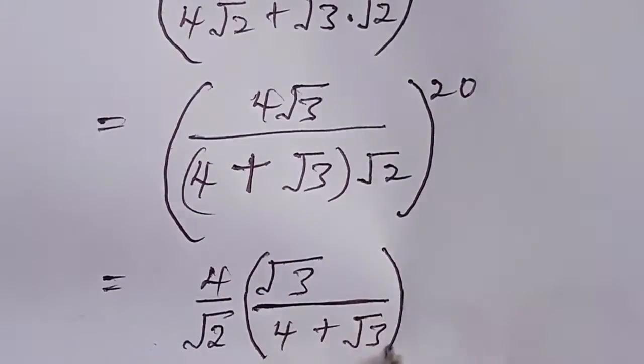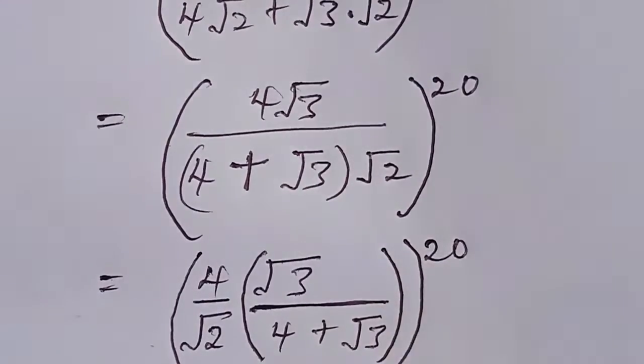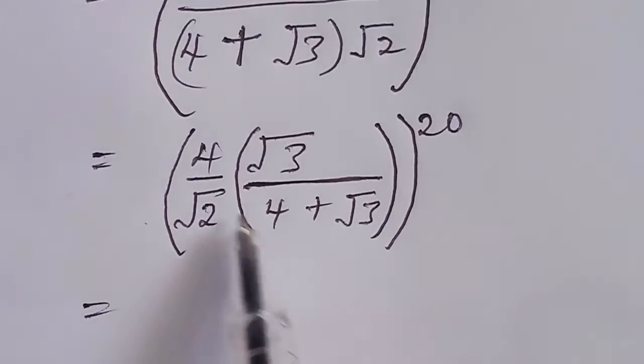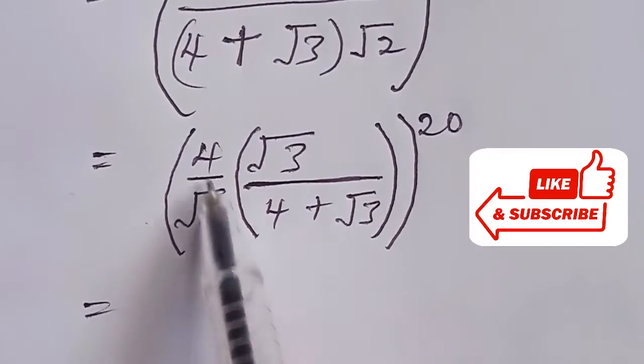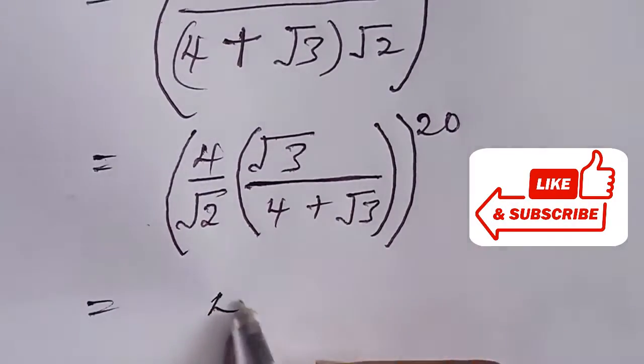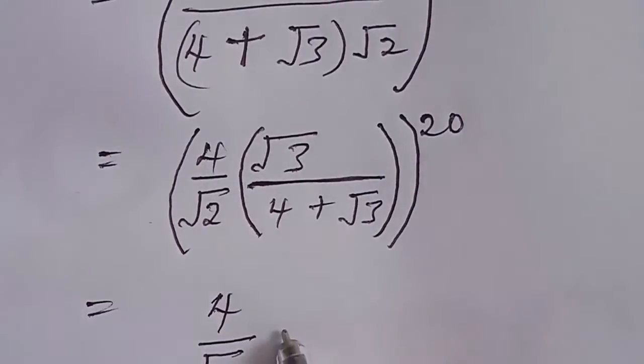So we separate this, everything will be into brackets to the power of 20. This will be equal to, now let's simplify this part. So this can be written as 4 over square root of 2.